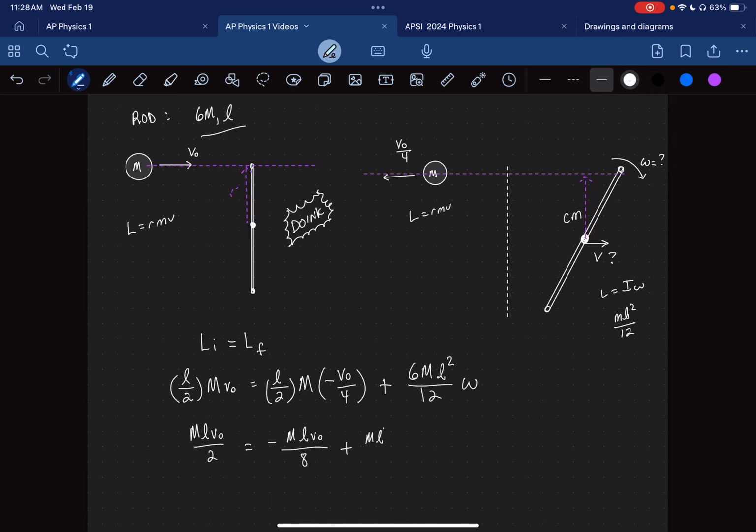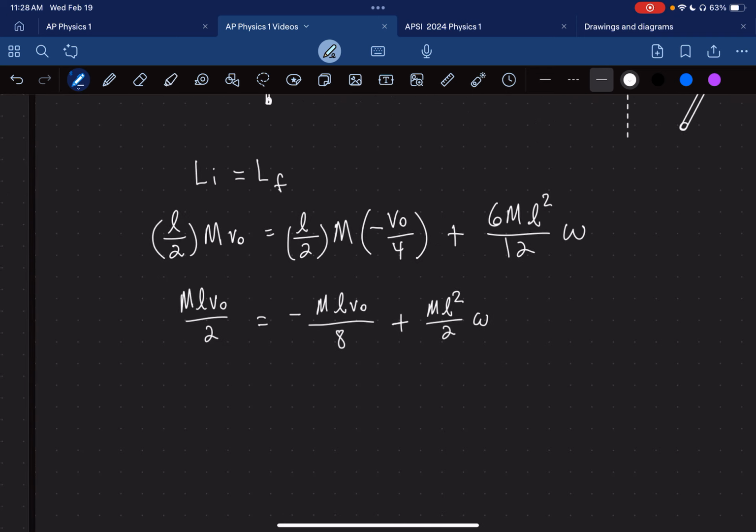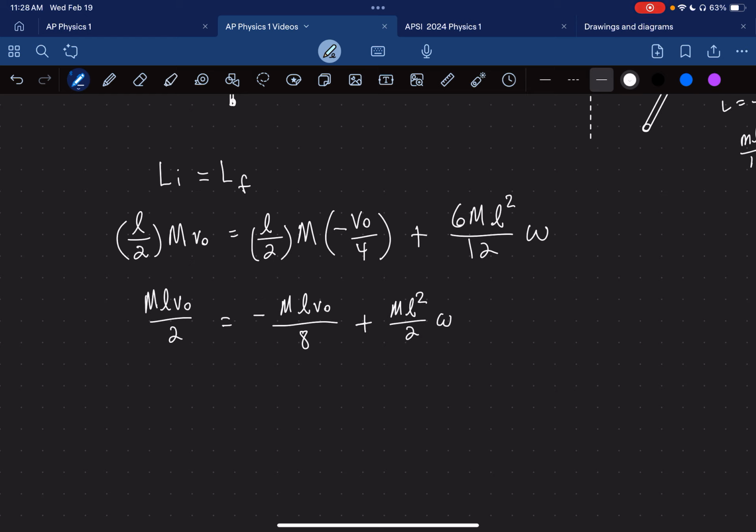We'll say m L squared over 2 omega. Cool. Let's finish up the algebra here and divide everything by an m. Cancel out an m. You can cancel out an L, just one from over here. We are left with v naught over 2 equals negative v naught over 8 plus L omega over 2.